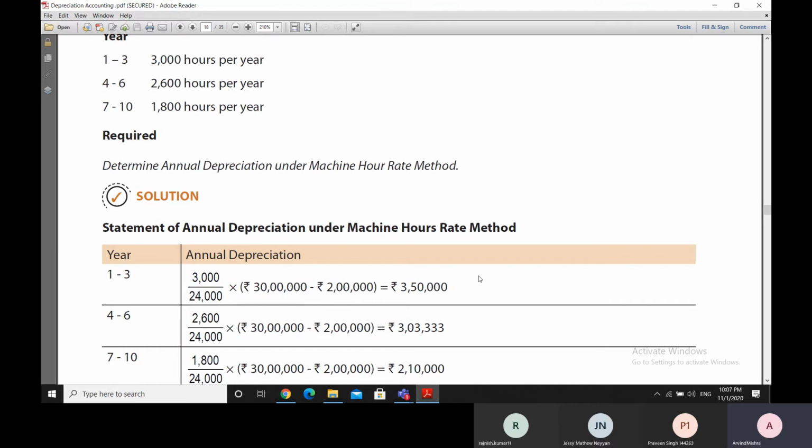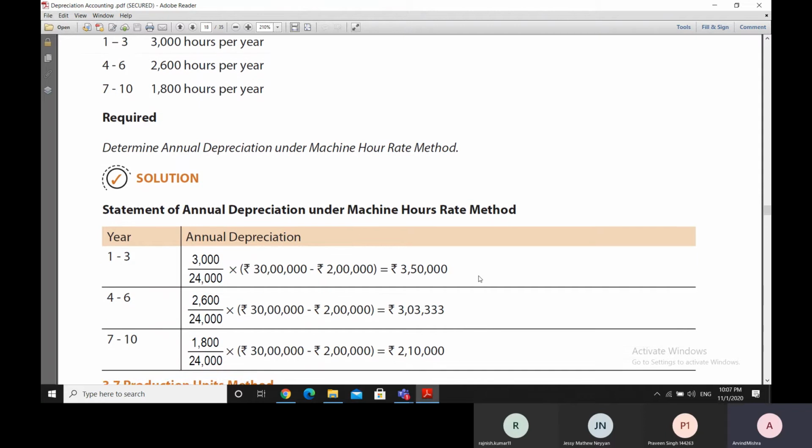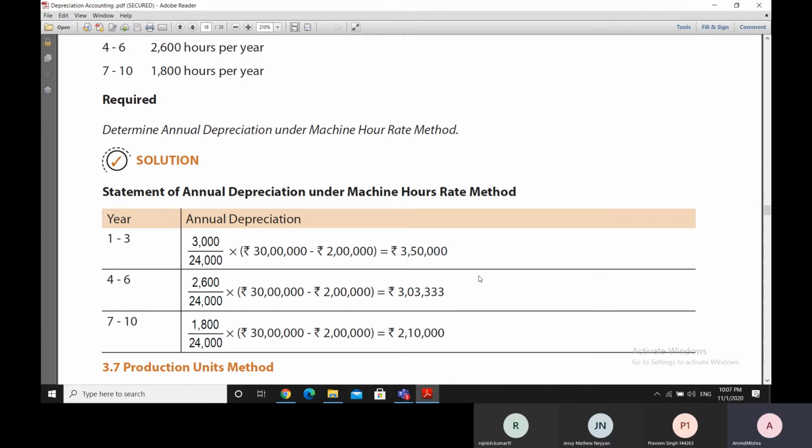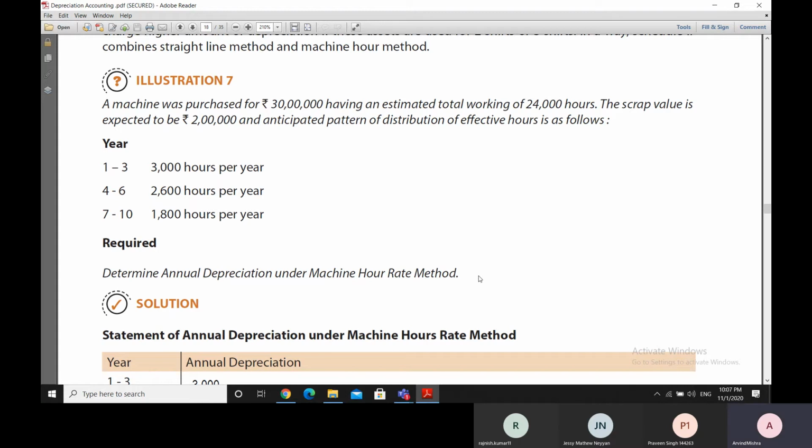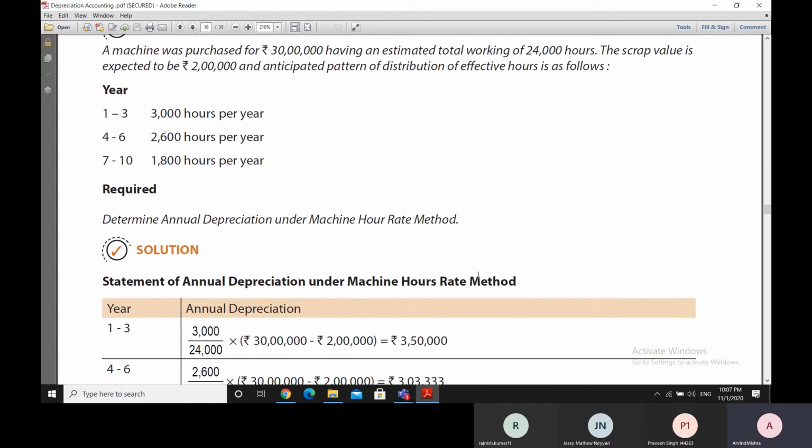First of all, we'll calculate for the first 3 years when we are estimating that this machine would work every year for 3,000 hours. So 3,000 divided by 24,000, because in the entire working life, it would work for 24,000 hours. So for the first 3 years, every year the depreciation amount should be equal to 3,000 upon 24,000 multiplied by the total amount for which the machine was purchased minus the scrap value.